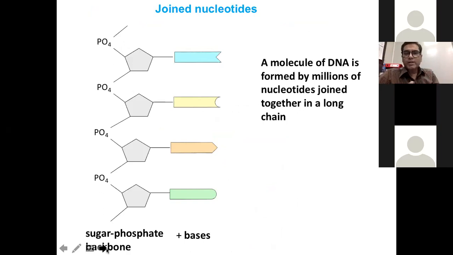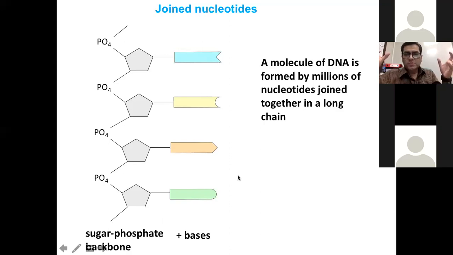Let's look at the concept of complementarity or the anti-parallelism in the DNA structure. I take one strand of the DNA, or one template of the DNA, and I assume that this is the 5 prime end of the DNA, 5 prime phosphate, and I assume this is adenine, this is cytosine, this is thymine, this is guanine, and this is the 3 prime end.